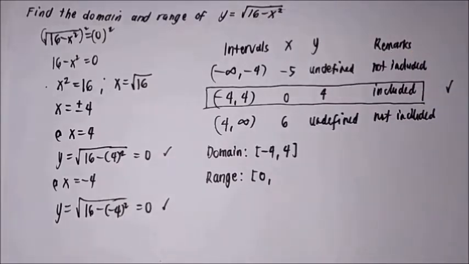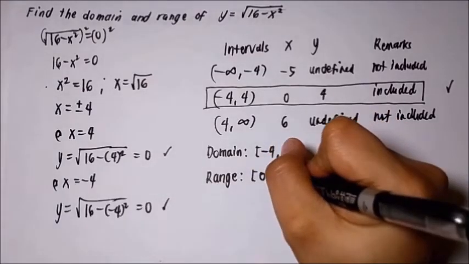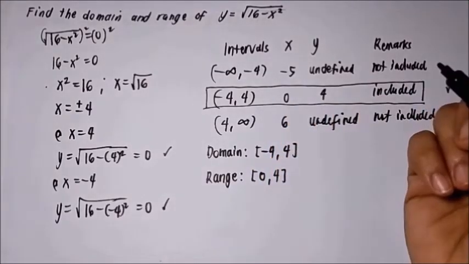We have 16 minus negative 3 squared, so that would be the square root of 7, which is 2.65. If we're going to use 0, then that would be the square root of 16, which is 4. So the range now would be from 0 to 4.